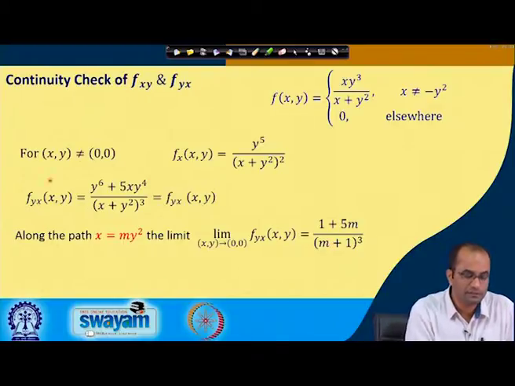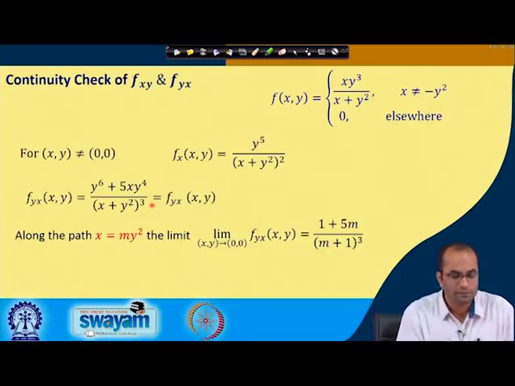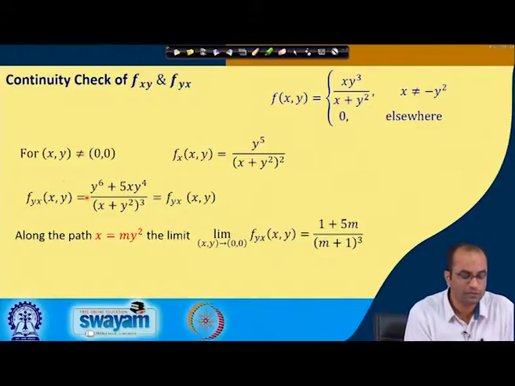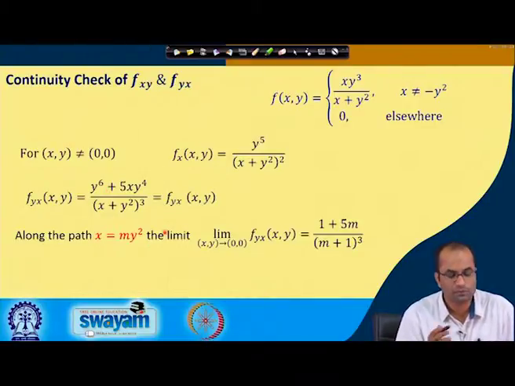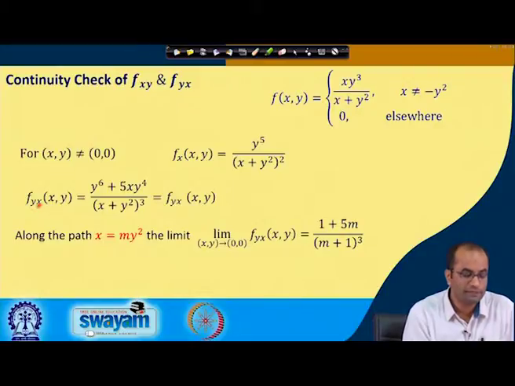So, that means this limit does not exist, and now we can just say that the function is not continuous, because for continuity this limit should exist and should approach the derivative at 0 point.